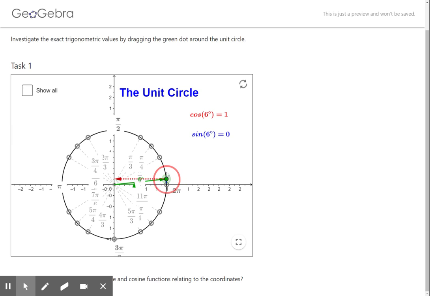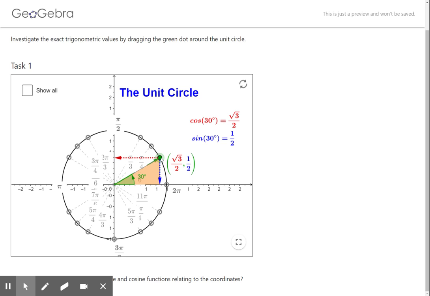So let's move our point along the circle until we find the first special triangle, which has a central angle here of 30 degrees. And we can see the value here of the sine of 30 degrees, which is 1/2. The cosine is √3/2 that we had already established.